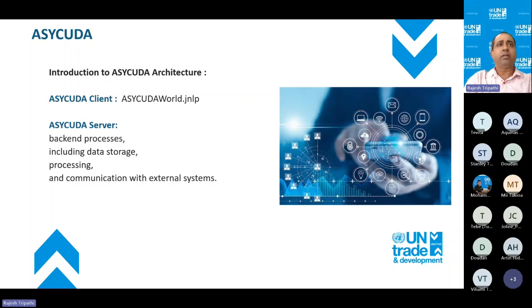So when you say client, in general, think of ASYCUDA world.jnlp file, and the server that we have is basically the back-end processing component of application, including the data storage and communications with any other systems, if you have an information exchange with the systems in other government agencies.